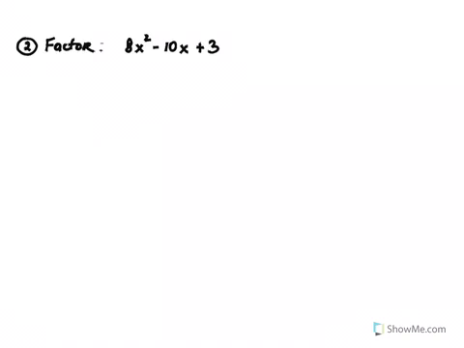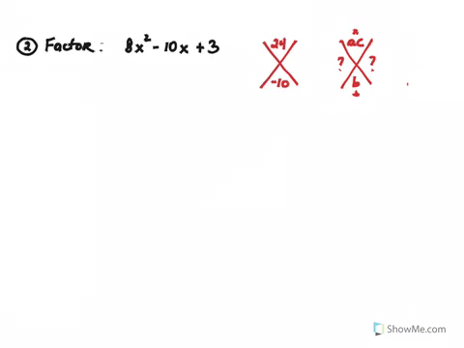Example 2. Factor 8x squared minus 10x plus 3. We again are going to use the AC method, and my first step is to find the product AC. 8 times 3 is 24, and I'm looking for two integers whose product is 24 and whose sum is negative 10.